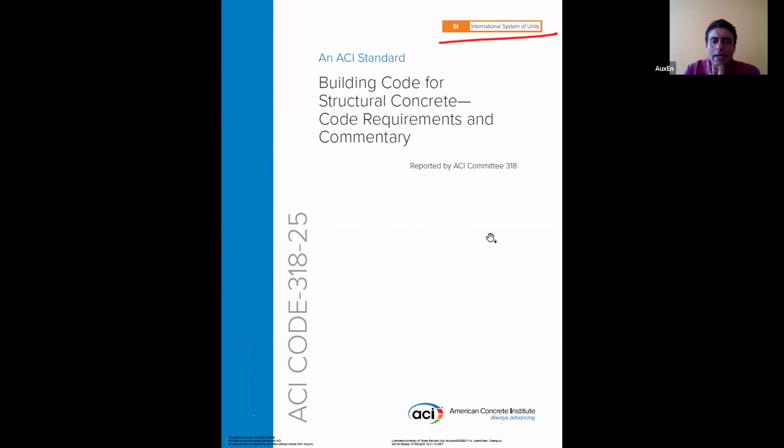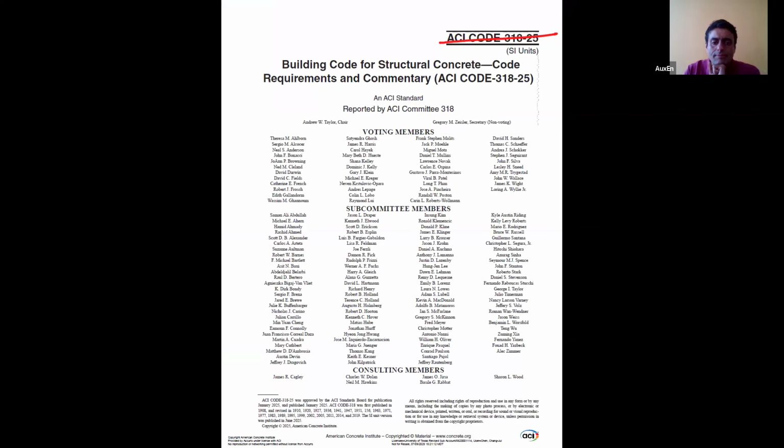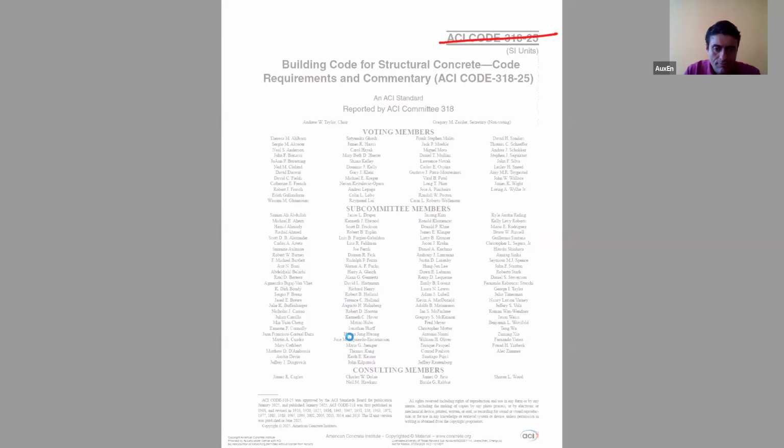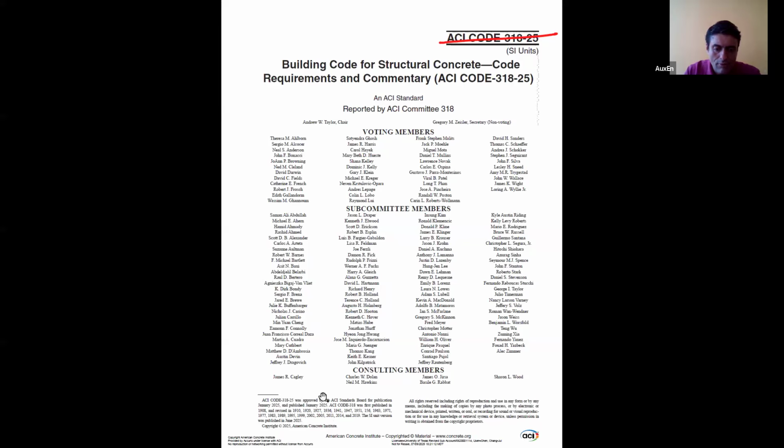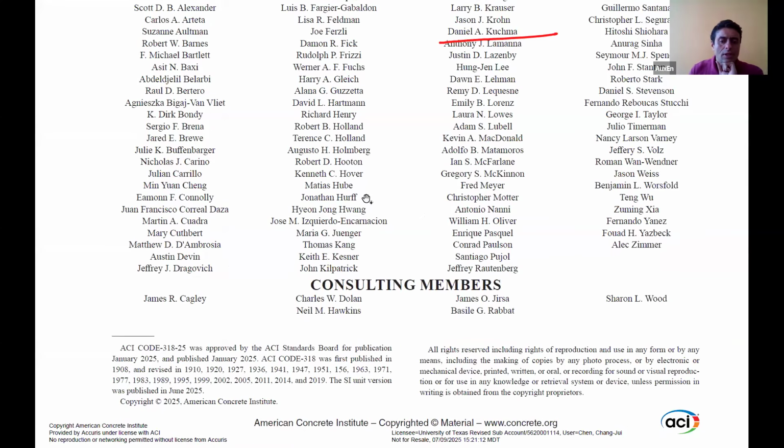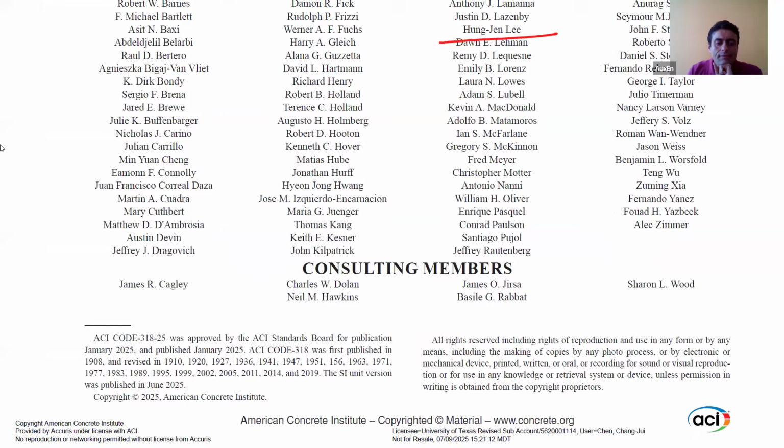So this is the code, and it has almost a 110-year-long history. I don't know if you're able to see this; I've just zoomed in. The ACI code was approved by the ACI standards for publication, and it was first published in 1908 and revised in the subsequent years 1910, 20, 27, and so on.